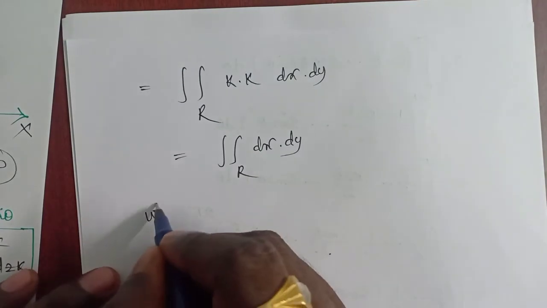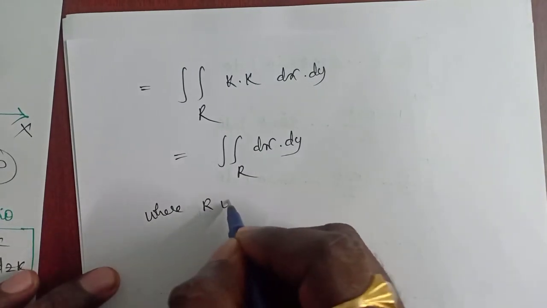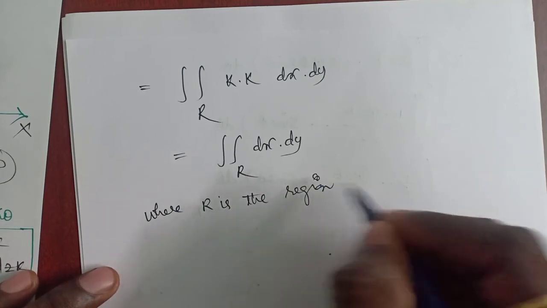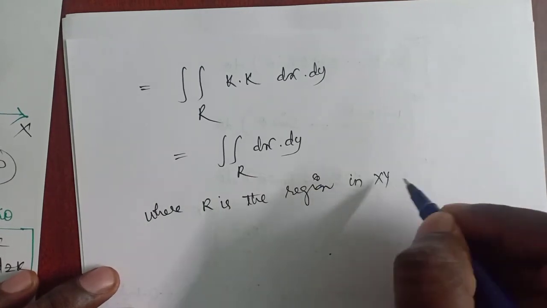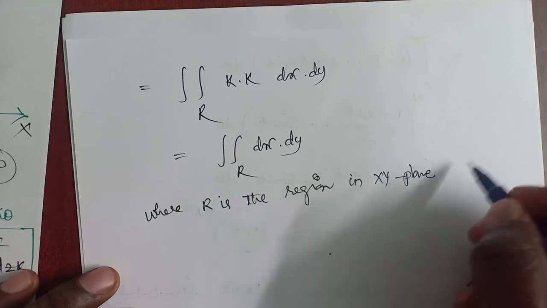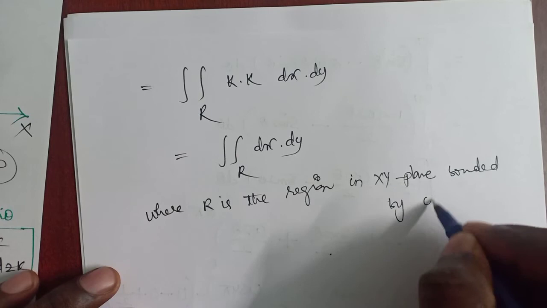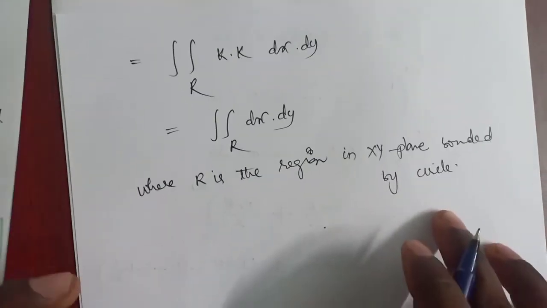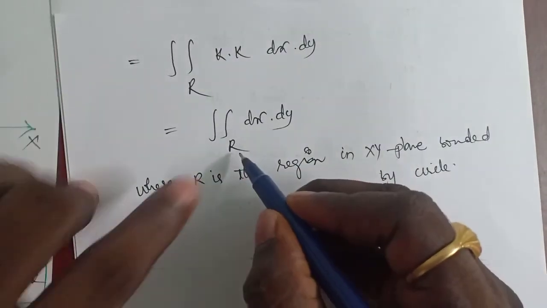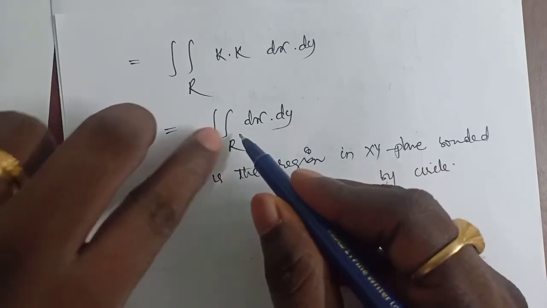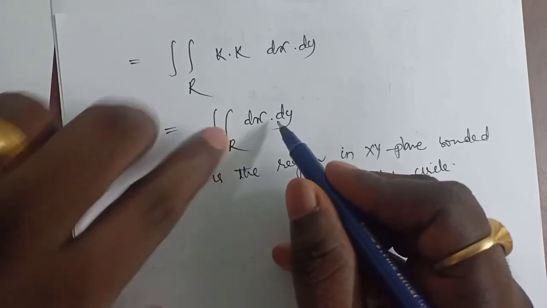So clearly where R is what? Is the region in xy plane bounded by what? Circle. Then what is the meaning of double integral over the region R in terms of dx into dy? Clearly it is the area of the surface.